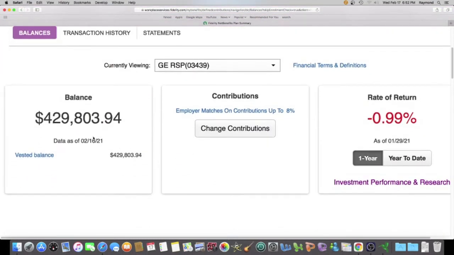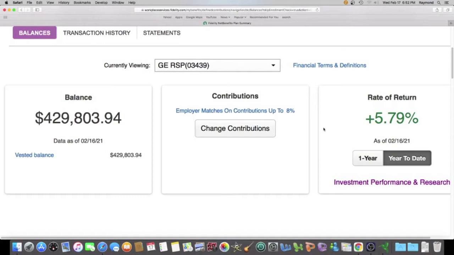All right, so my balance as of yesterday, February 16th, $429,803.94. My rate of return as of yesterday, 5.79%.